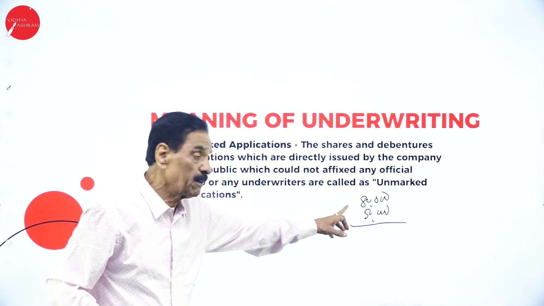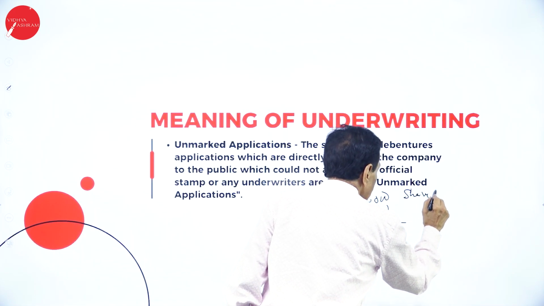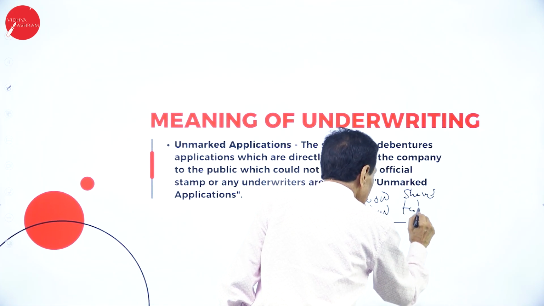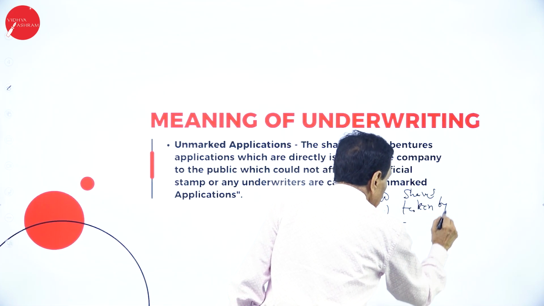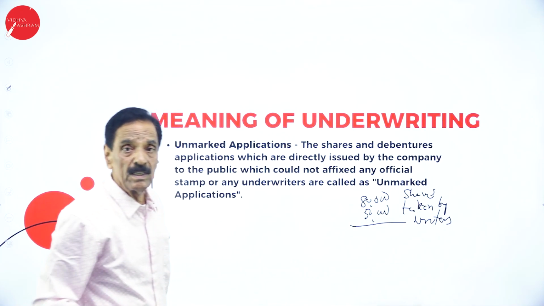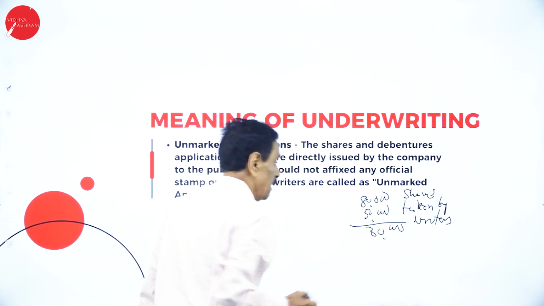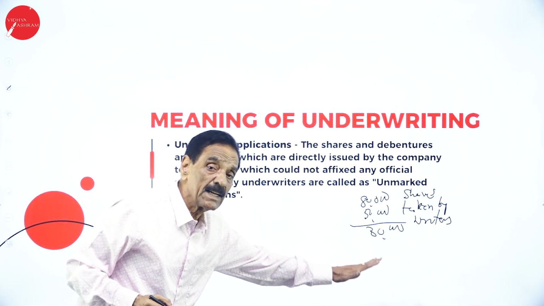What is the total number of shares? 80,000. Taken by underwriters, 50,000. How much is left over? 30,000. It is the amount which cannot be underwritten by the underwriter.